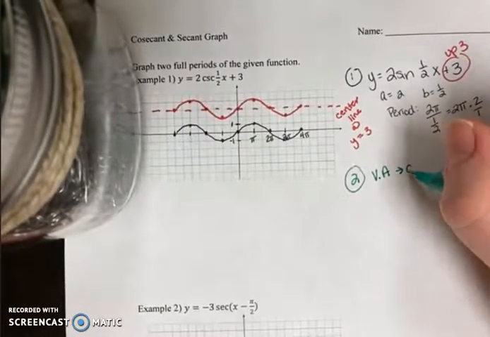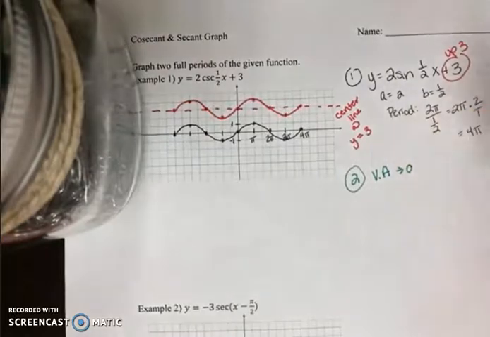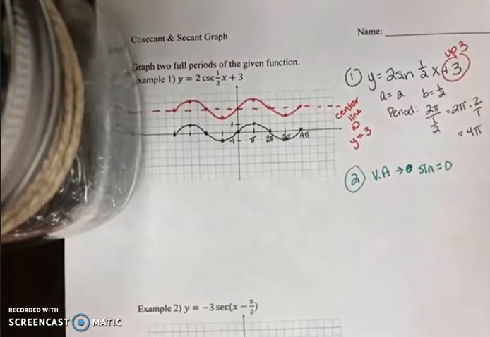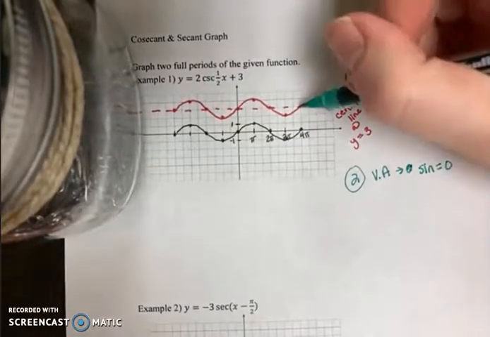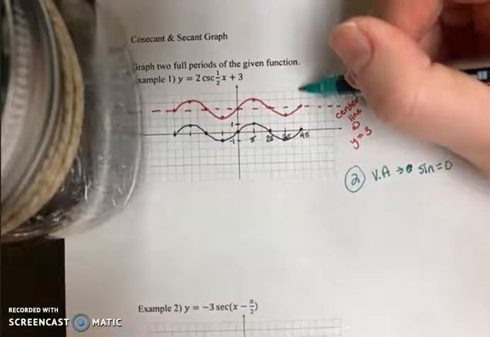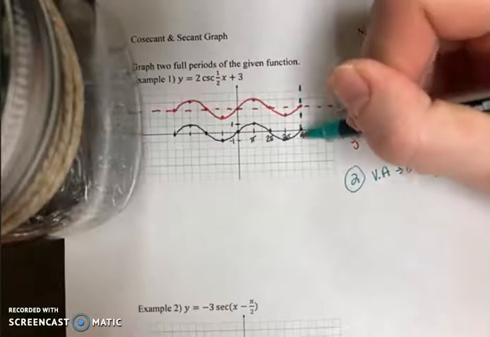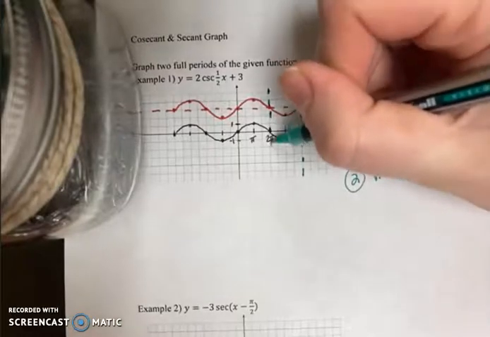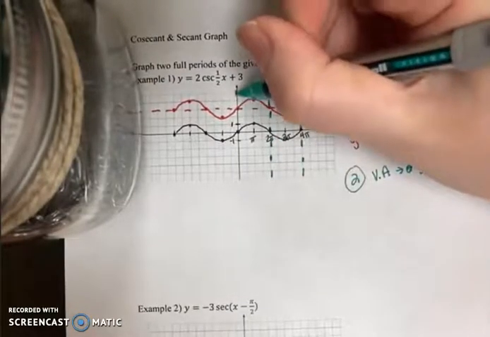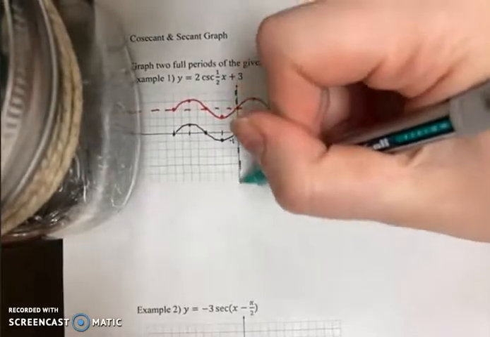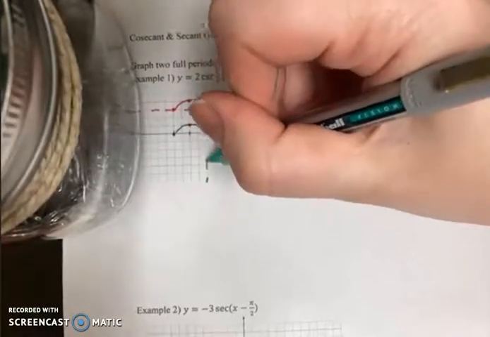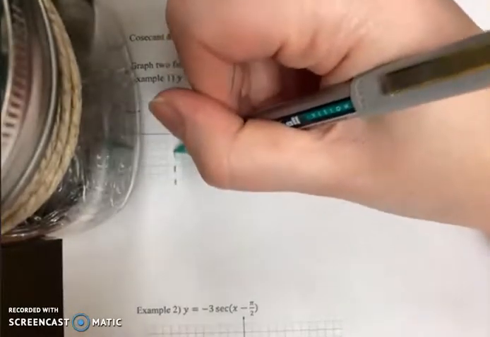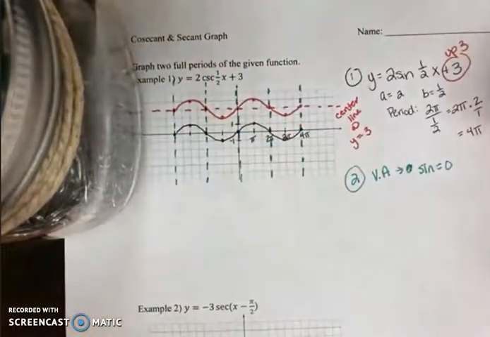because when we do part 2, the vertical asymptotes appear where the function, in this case sine, is equal to 0. Well, sine is 0 along the center line. Here are my x-intercepts at 4 pi, 2 pi, 0, negative 2 pi, negative 4 pi.